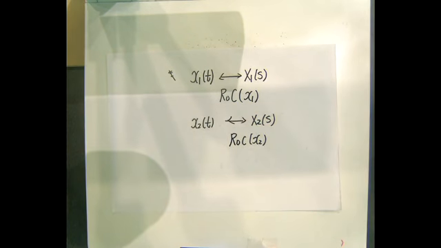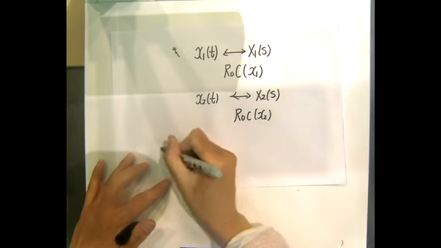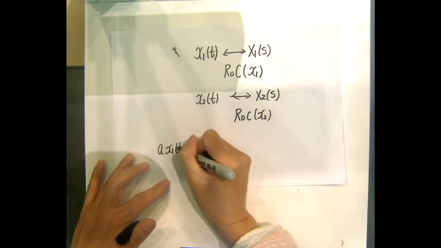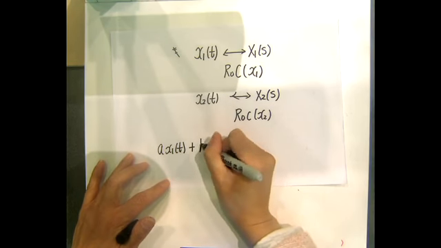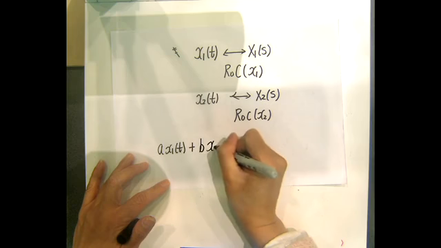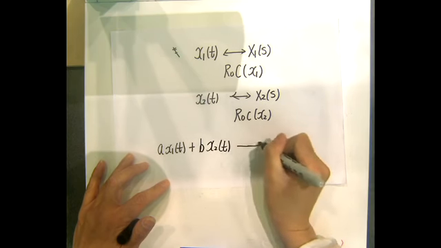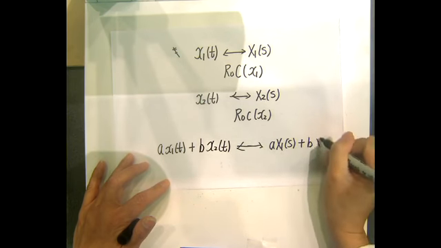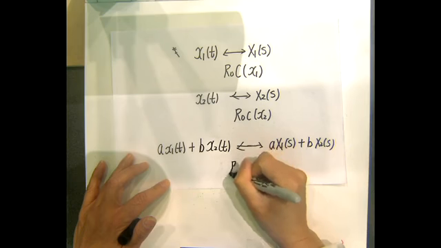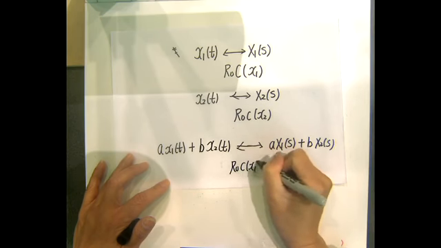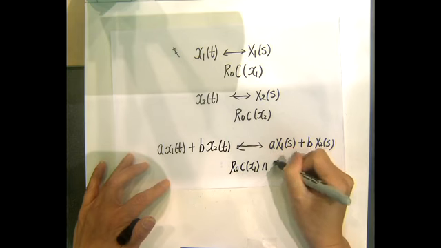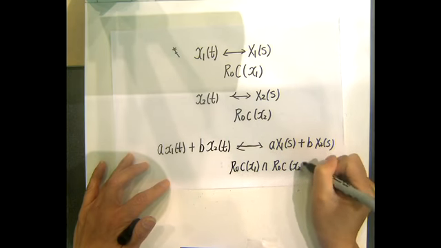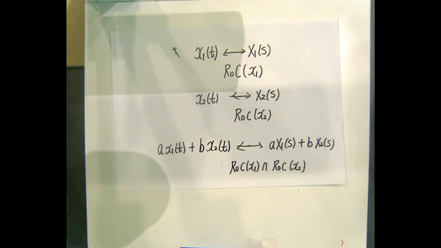And if I apply the linearity, I will consider a x1(t) plus b x2(t), it will be a X1(s) plus b X2(s), and I will have the overlap of the regions of convergence, so that everything is well defined.